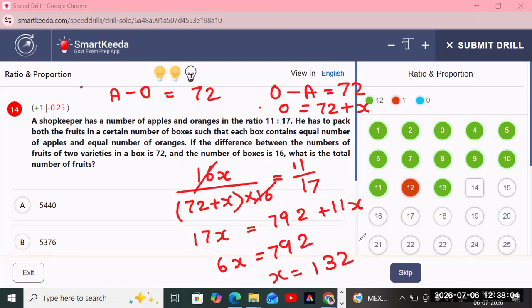X is equal to 132 and the total number of fruits.